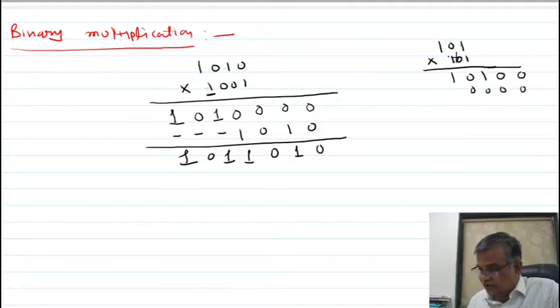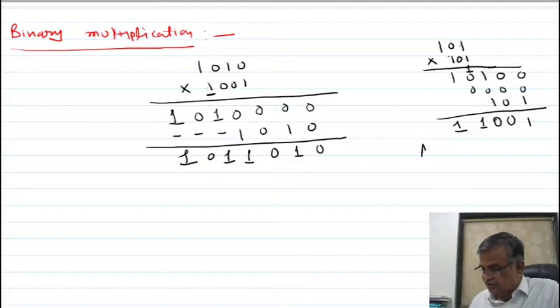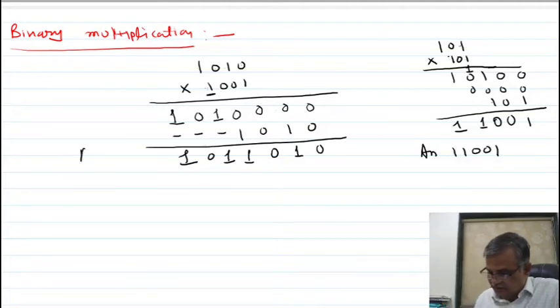For this I am putting 0 and this 0, for 1 it is 1 0 0 0. 1 plus 1 is 10, 0 and carry is 1. 1 plus this is 1, this is 1. So this answer is 11001. Here this is your answer.